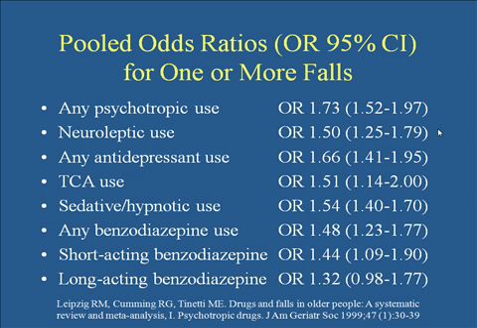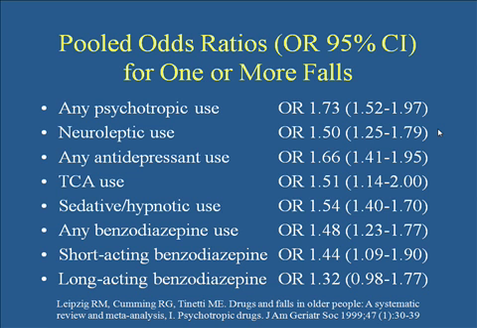But as you can see, all of the groups, with one exception, really had a statistically significant increase of rate of falls. And the thing that really shocked me was the only group that did not increase the risk for falls was the group that I think is probably most suspect, which is long-acting benzodiazepines. It had an odds ratio of 1.32, but the confidence interval crossed 1, so it was 0.98 to 1.77.